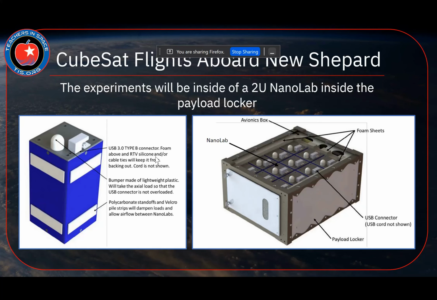If maybe you wanted to get atmospheric data, then this might not be the best platform, unless you want to look at the data of what happens inside of that capsule during flight. There might be changes in air temperature, air pressure. So don't think that you can't use those types of sensors, but just be aware that that's the situation.